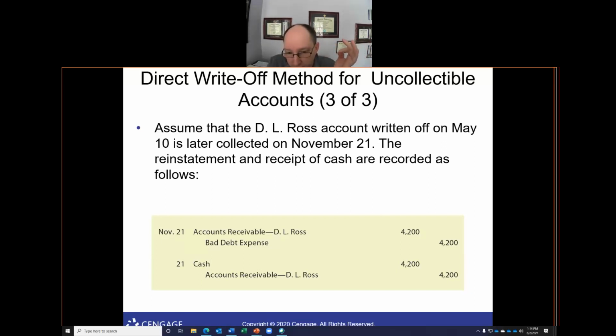The collection agency will probably pay the company a fraction of what the actual debt is. So if a customer owes me $4,200 and there's no way I'm going to be able to collect it, I sell it to the collection agency. The collection agency is going to pay me, I don't know, $500 maybe. So it works pretty much the same way.